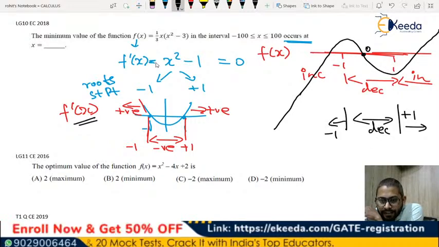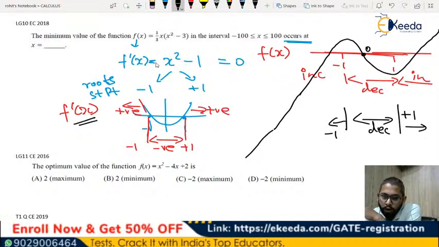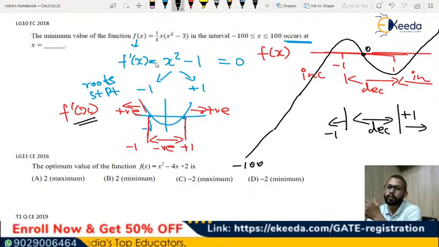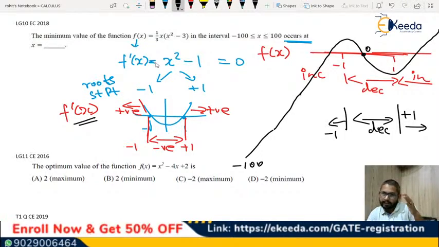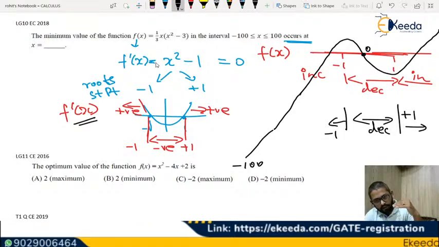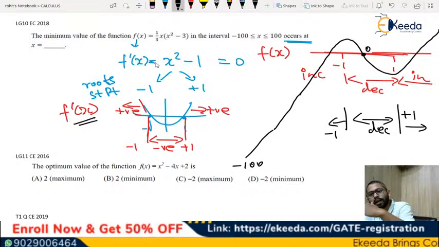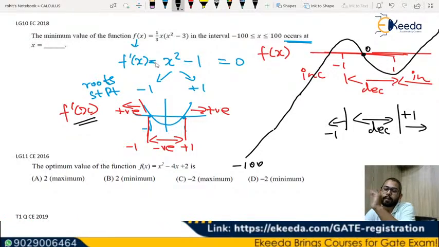So you can clearly see that this function will obviously have the minimum value at minus 100. Minimum value, this is the possibility. It cannot have any other, because minus 100 is very far, right? It is very far and it is an increasing function. So as you come from minus 100 towards minus 1 or 0 or 1, the function will be increasing slowly up to minus 1.